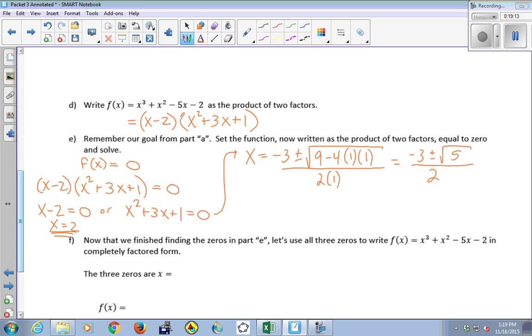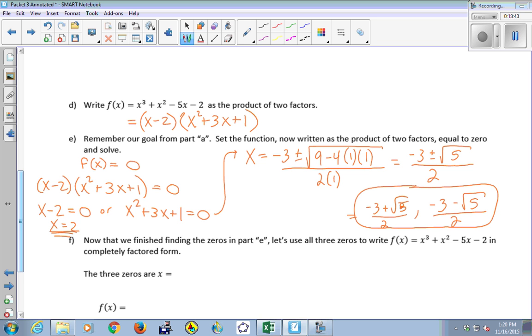And I'm just going to take a second to remind myself that this is two separate zeros. This is negative 3 plus root 5 over 2, and negative 3 minus root 5 over 2. You can just circle the plus or minus one, but I just wanted to have that clear in my mind. That's two separate zeros.